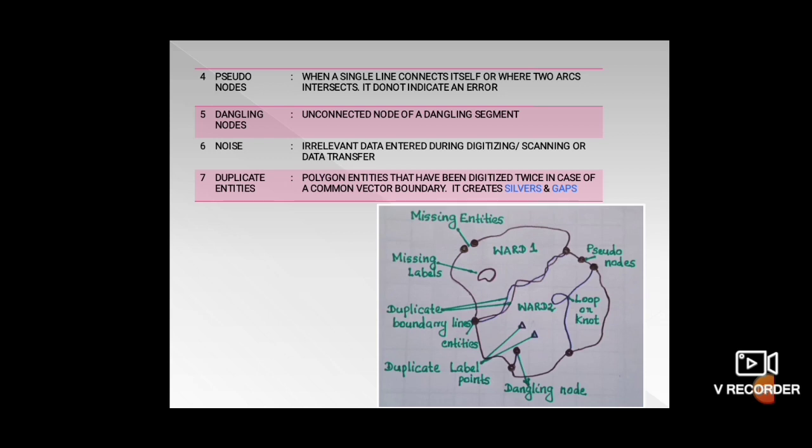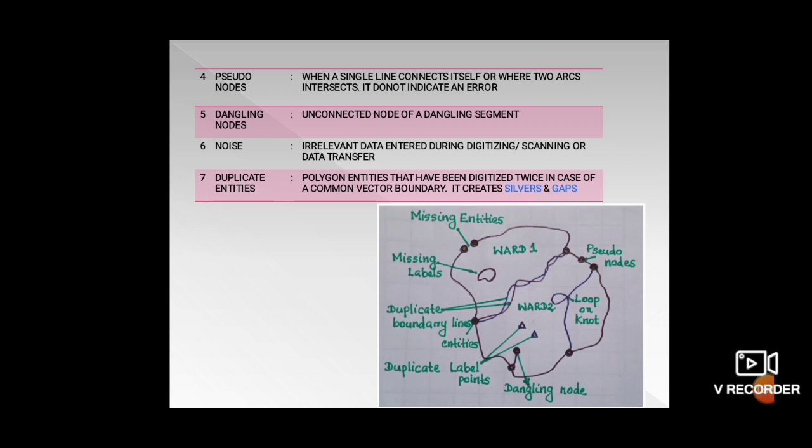I will explain it again with the diagram: there are two wards, ward 1 and ward 2, connected by one common boundary. While digitizing ward 1, we digitize that entire boundary. At the same time, while we digitize ward 2, that boundary is digitized again. That means we have digitized a common boundary twice, and we call such entities duplicates.